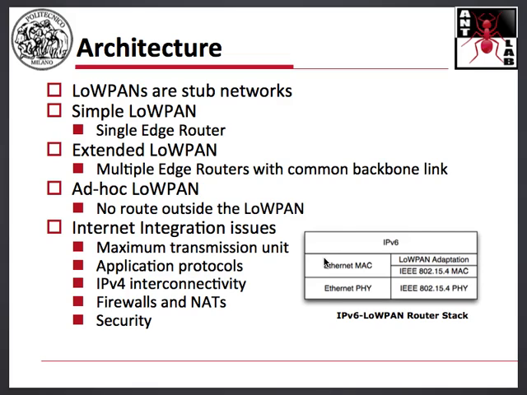On the sensor network side, the right-hand side of this stack, you have your own physical layer, which is 15.4, and your own medium access control, which is 15.4. On top you still have IPv6, but you need some kind of adaptation, because IPv6 does not fit very well into 802.15.4 medium access control. These adaptation or integration functionalities are defined in this very thin adaptation layer, which is called the LoWPAN adaptation layer. Questions?